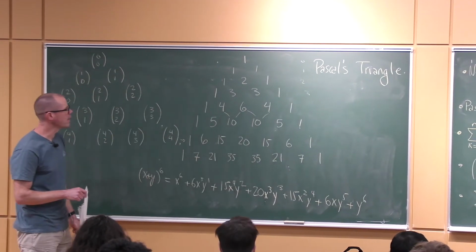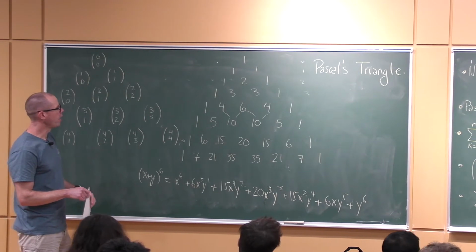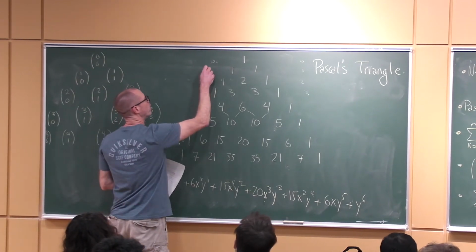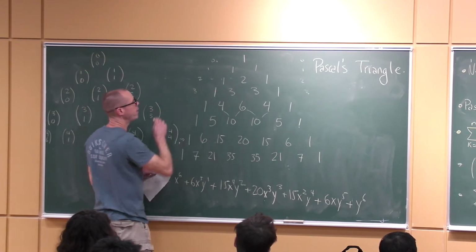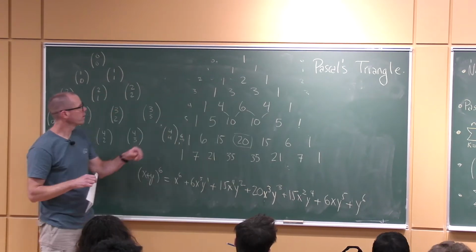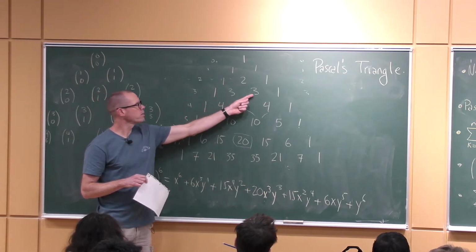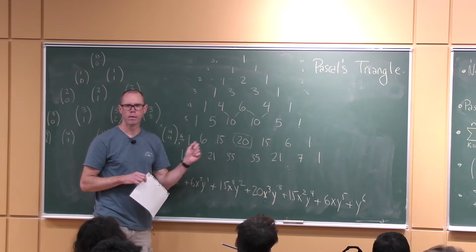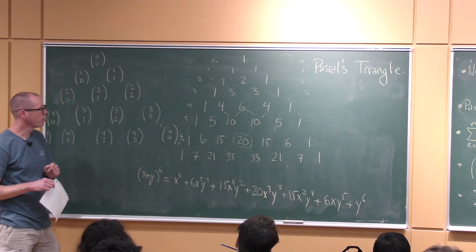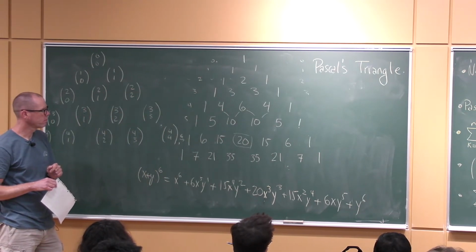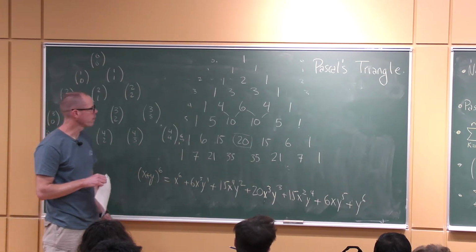Okay. So for example, 0, 1, 2, 3. If I sum up 1 plus 9 plus 9 plus 1, that is 20. That's kind of a surprising thing about this.